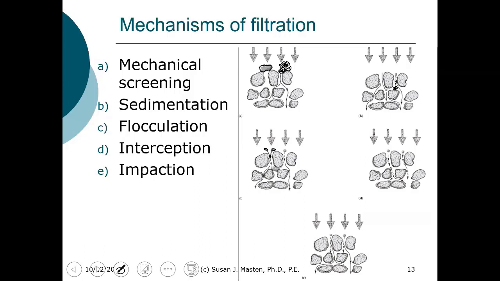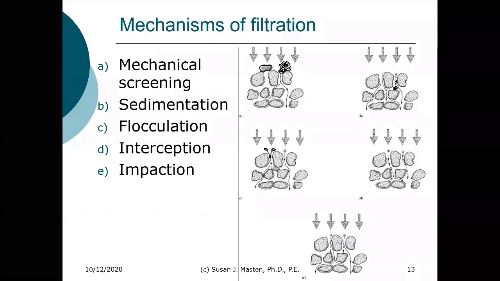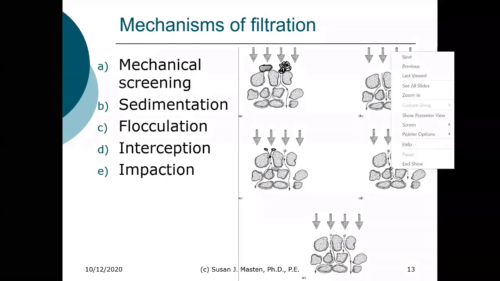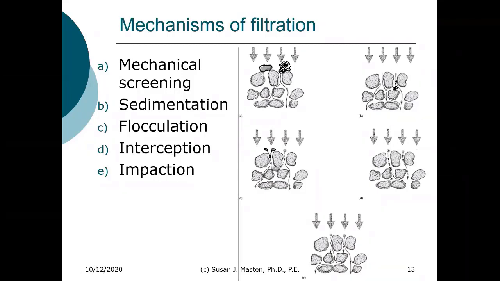And then that larger particle could be removed by sedimentation, or it could be removed by interception. Interception means, here's my particle. The particle's moving down my streamline, the water has to bend around the particle, and it comes in close enough contact with my particle that it's able to attach.